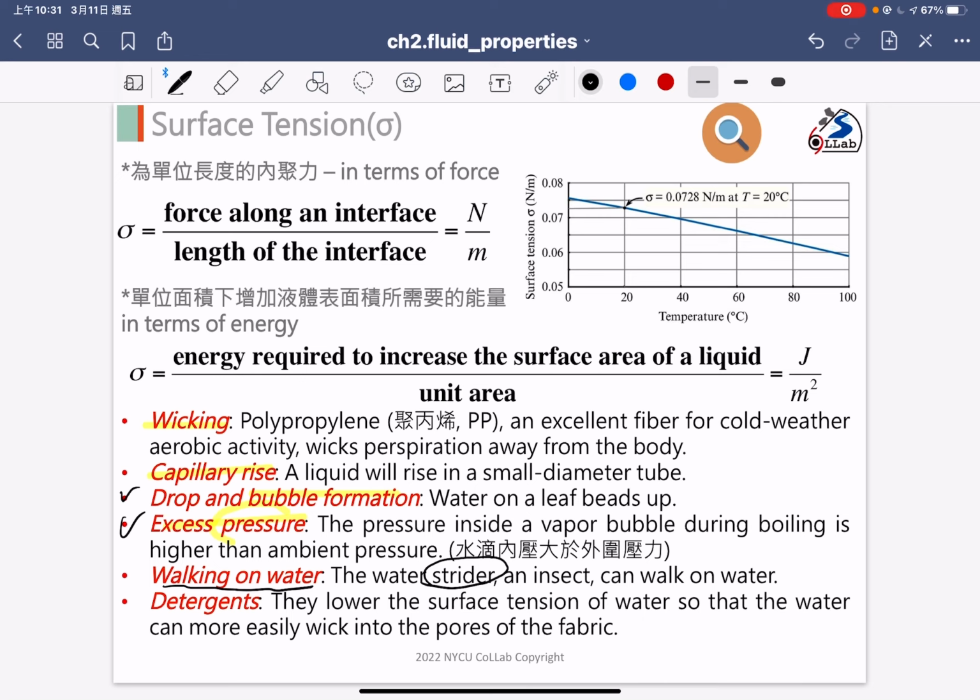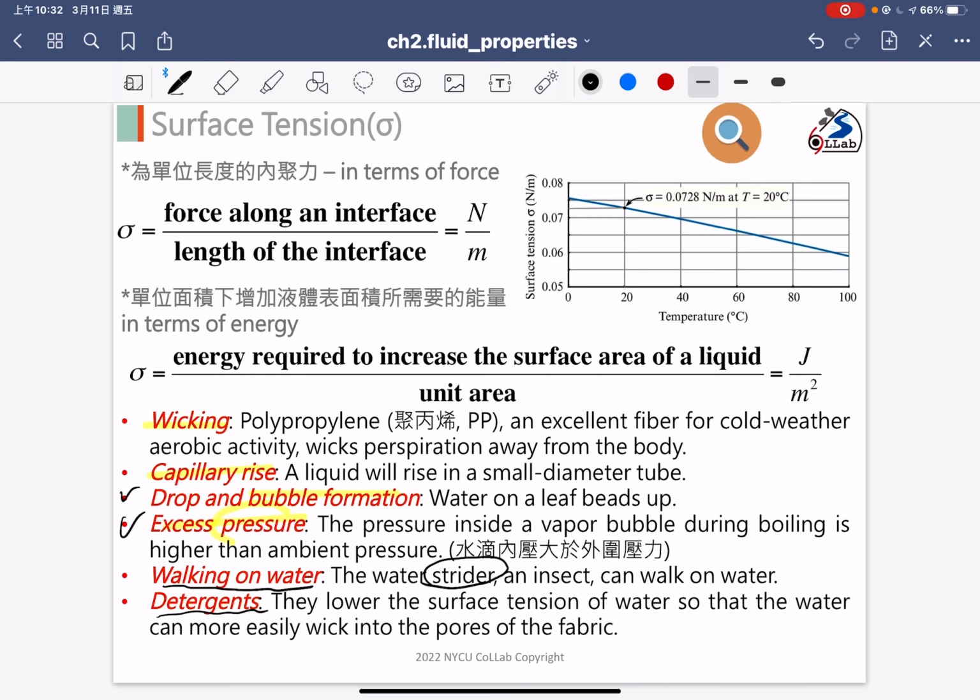And also the detergents. How can we use the detergent to wash the dirty material away? Because the detergent will break the surface tension, the cohesion between the water molecules. So the water molecules can freely move and slide and wash anywhere there is dirty material.